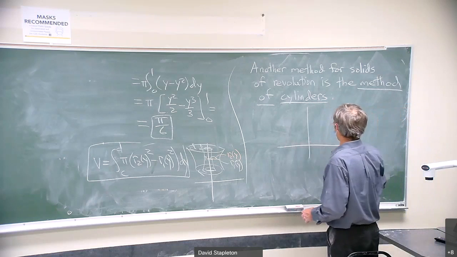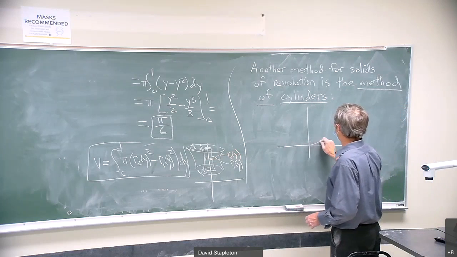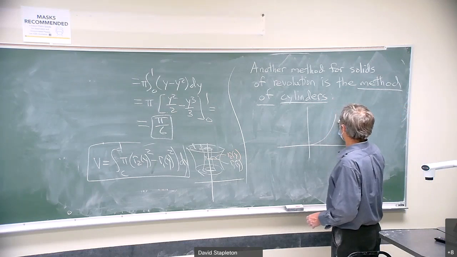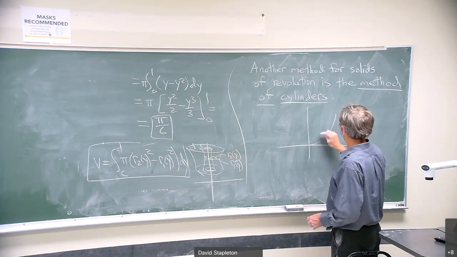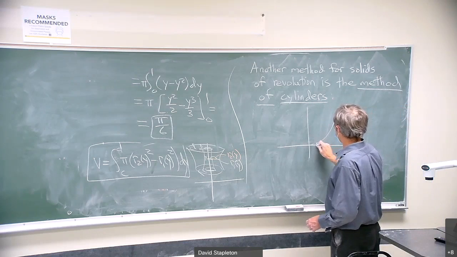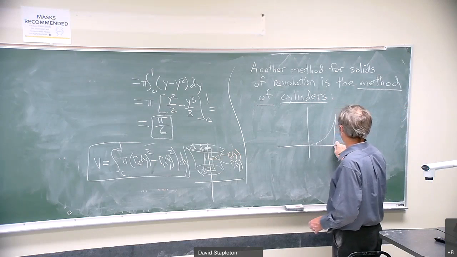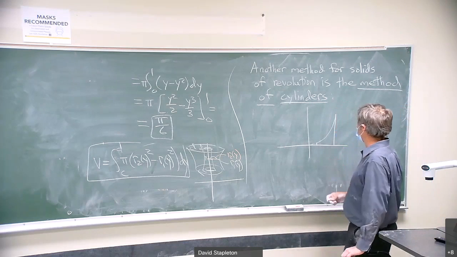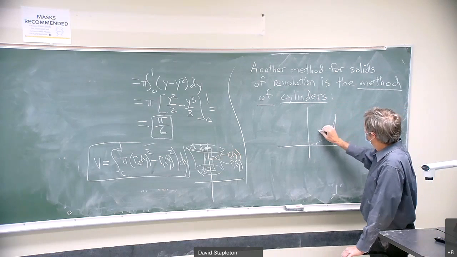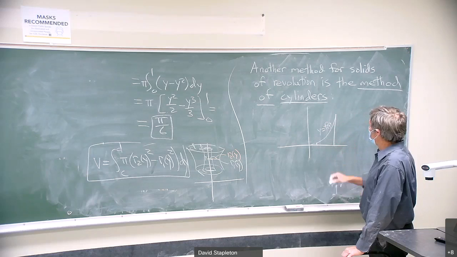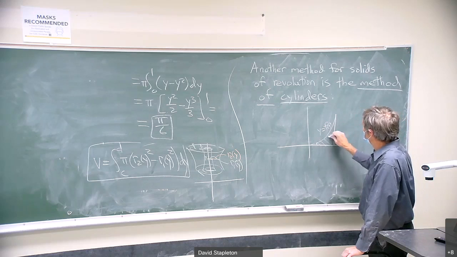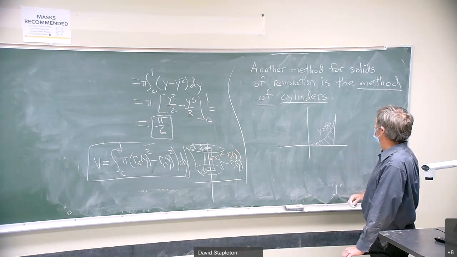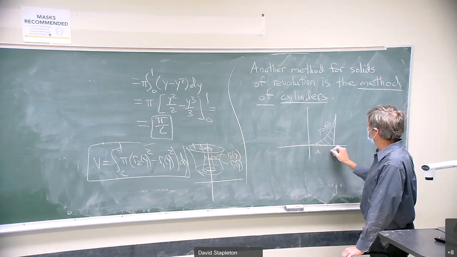Suppose I have a region like this, and I revolve this kind of a region that's below y equals f of x and above the x-axis, so it's this kind of a plane region between x equals a and x equals b.